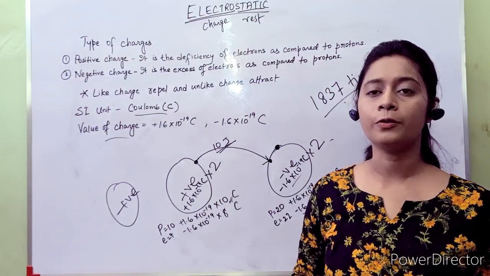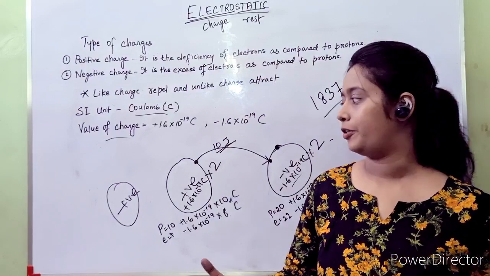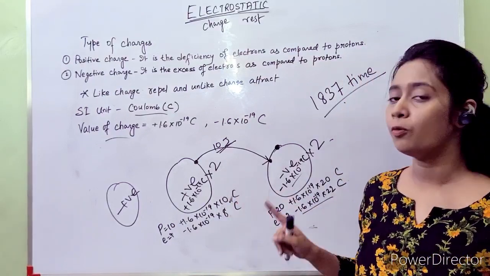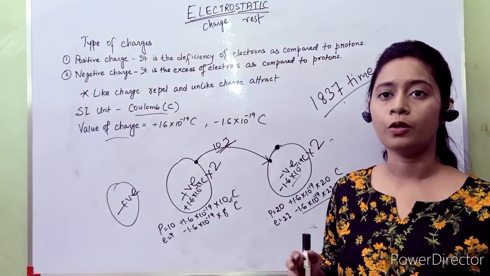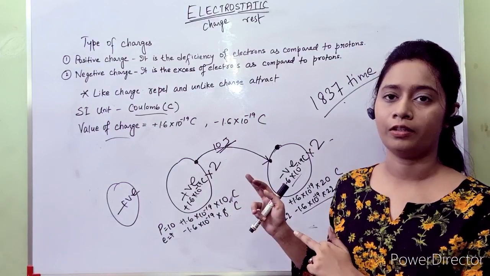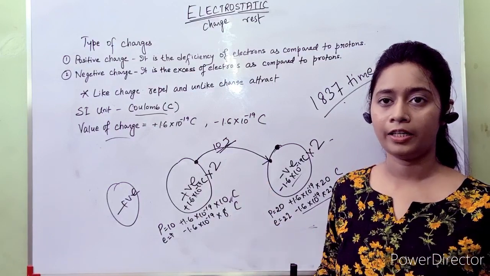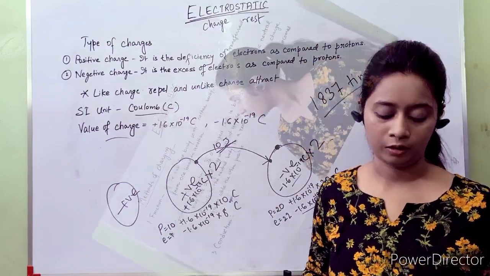We always do that work in which we spend less energy. Here, for the atom, transferring one proton is a lot more work than transferring a single electron. That's why for electrification, only electrons are responsible, not protons.